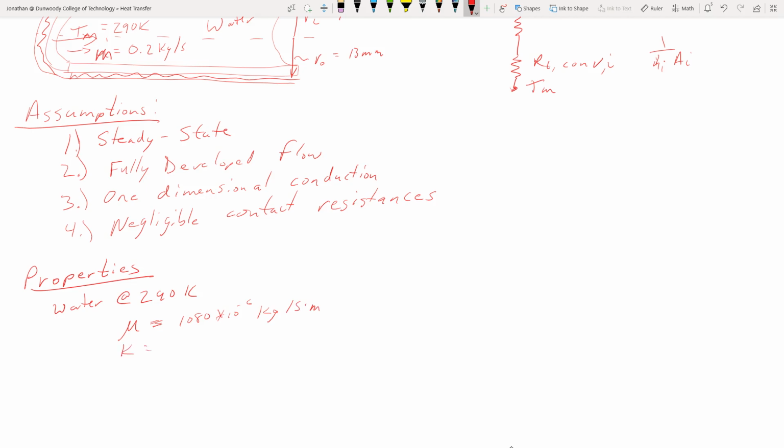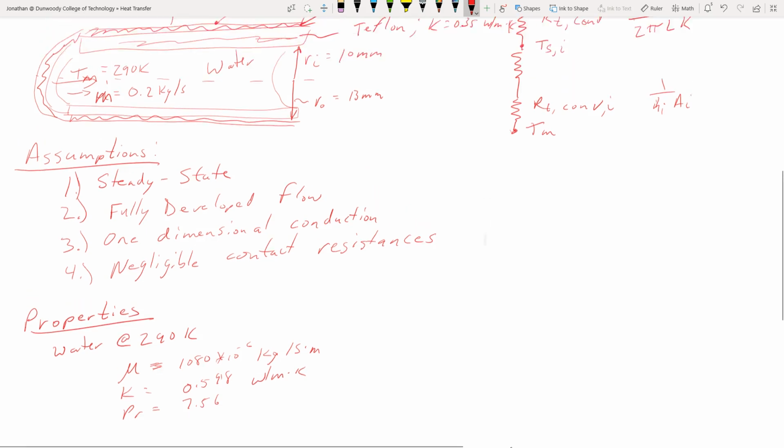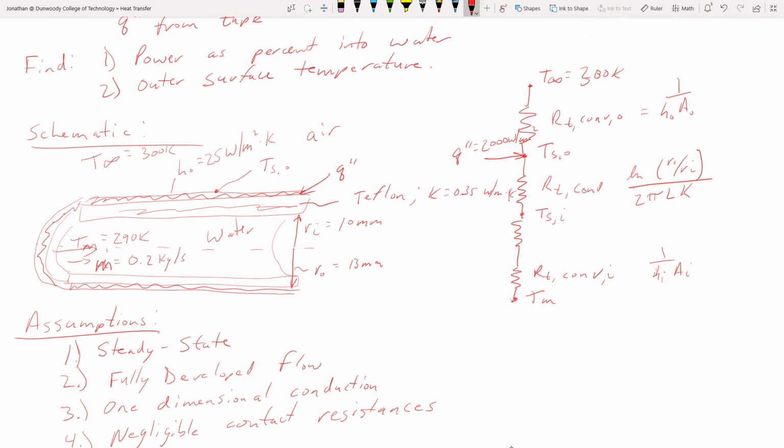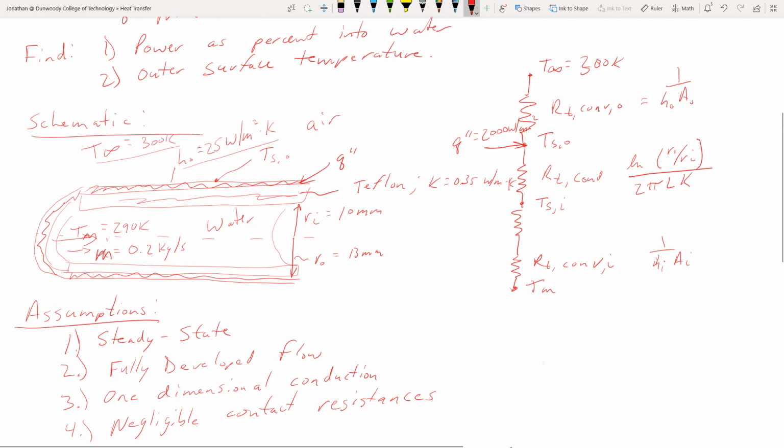K is 0.598 watts per meter Kelvin, and our Prandtl number for water is 7.56. Do we need anything else? Let's see, we have our properties for Teflon given to us. We know what the temperature of the air is. We know what the heat transfer coefficient for the air is, so we don't necessarily need any properties for that. I think that covers it.